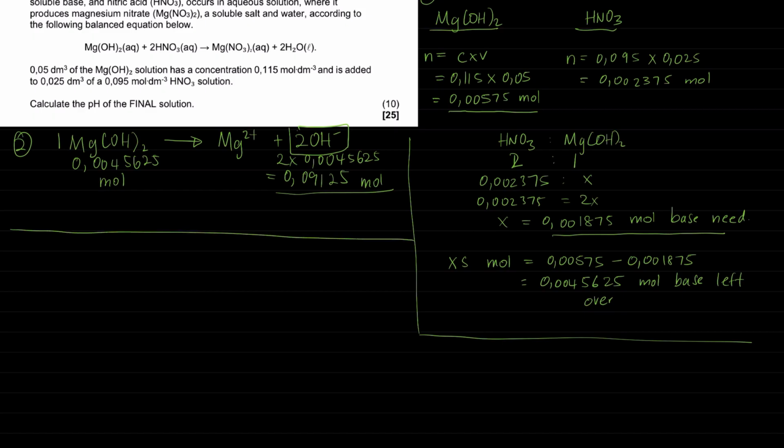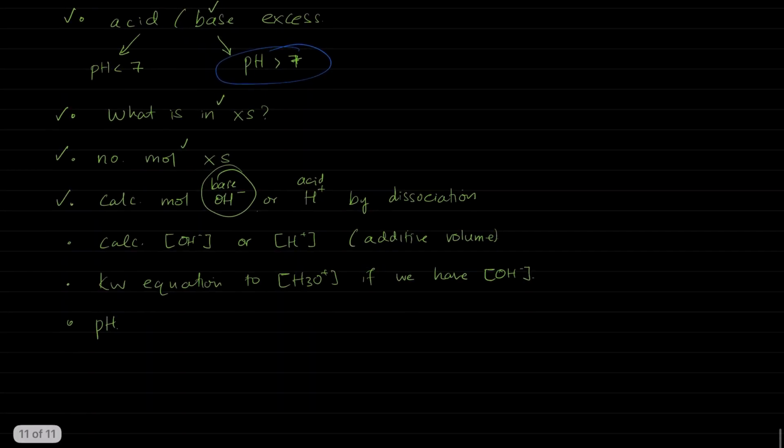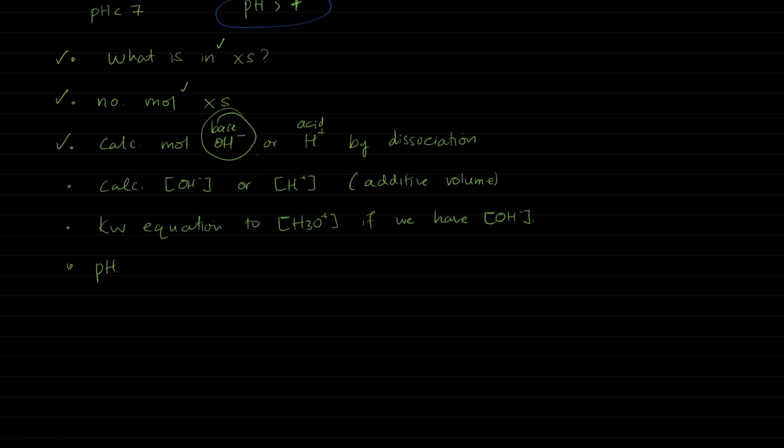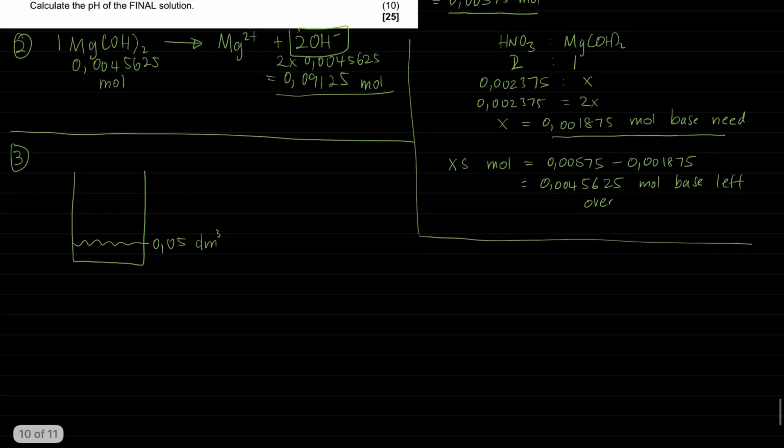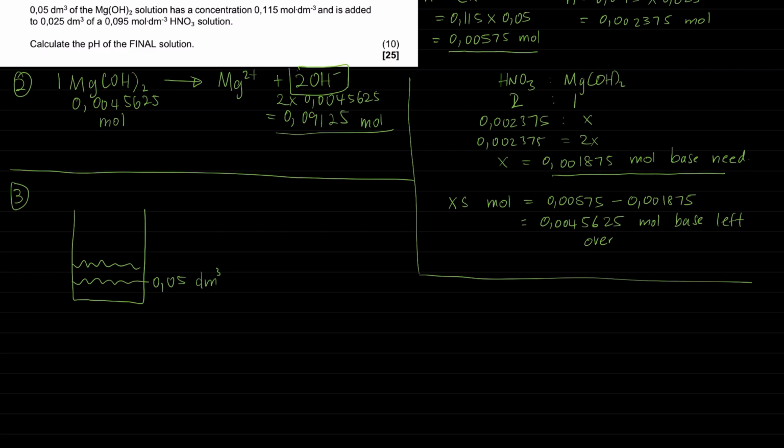And step number 3 is we want to figure out the concentration of the OH minus, and we need to look out for something called additive volume. So what is additive volume? Remember at the start, the container was empty, and they added in 0,05 dm cubed of our base. Then they added in 0,025 dm cubed of our acid.